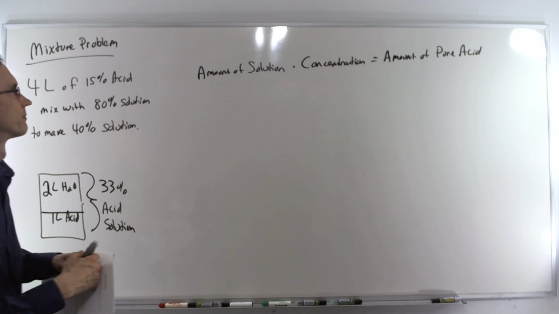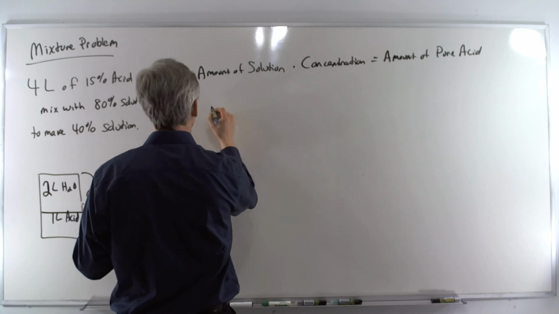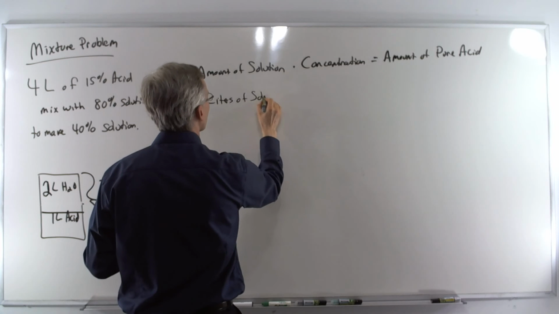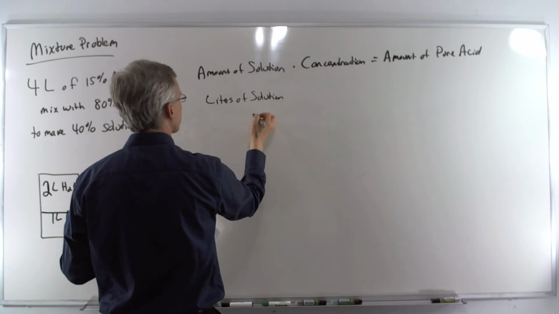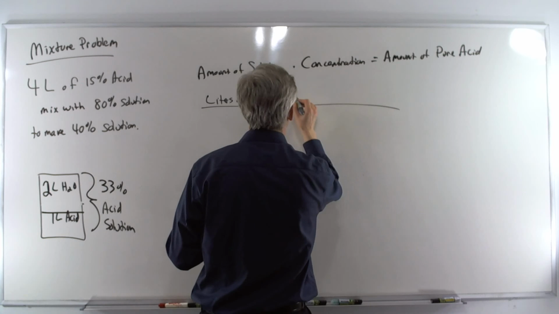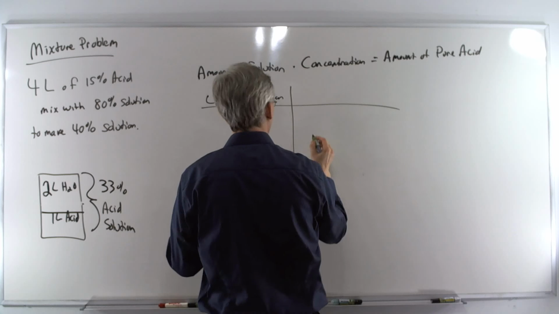Now we're going to set up a table. We've got the liters of solution, the amount of solution, that's going to be in one column. And then we've got the percent as a decimal.